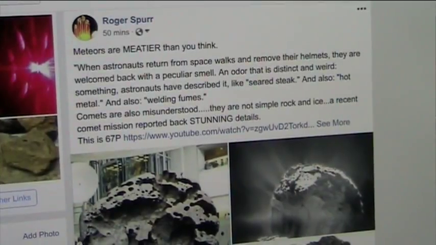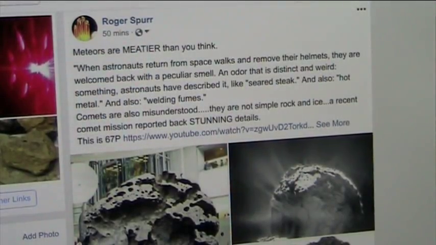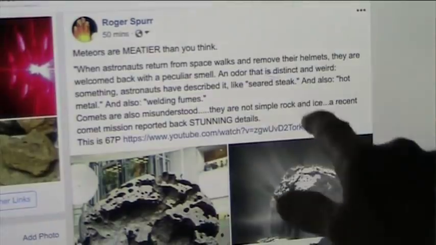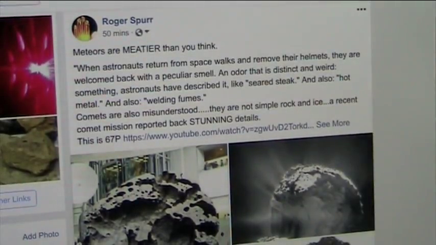Alright, I did this on my Facebook page today. Meteors are meatier than you think. When astronauts return from their spacewalks and remove their helmets, they're welcomed back with a peculiar smell, an odor that is distinct and weird. Astronauts have described it like seared steak, and also hot metal, and also welding fumes.